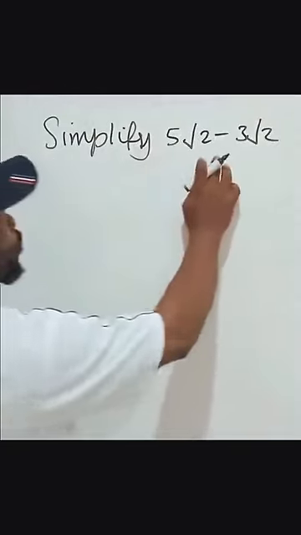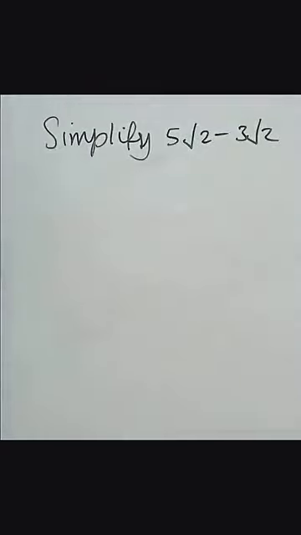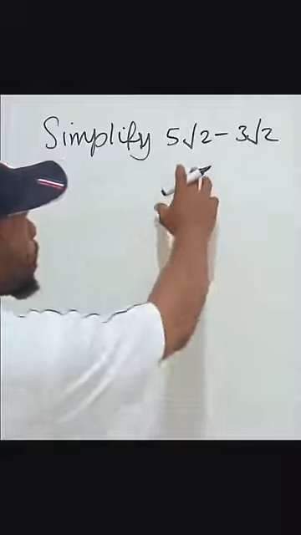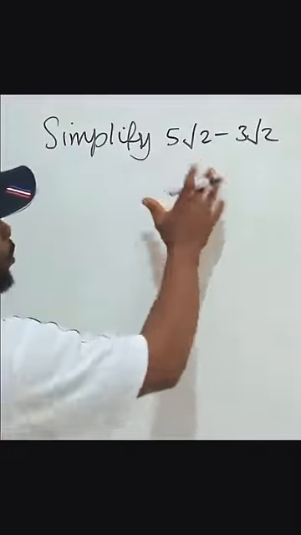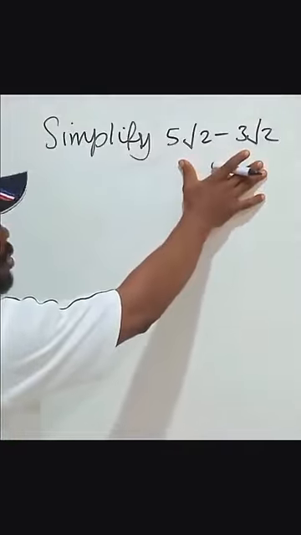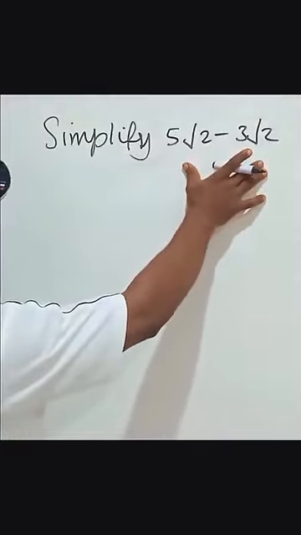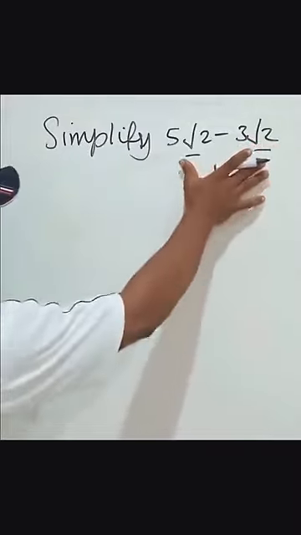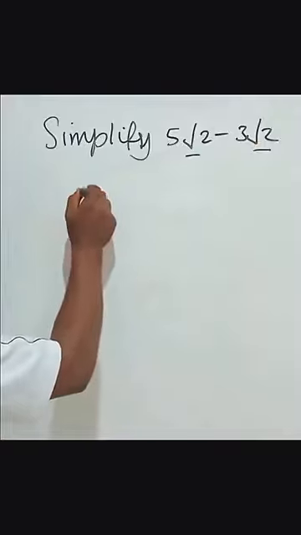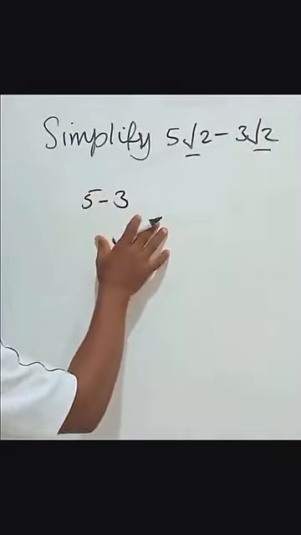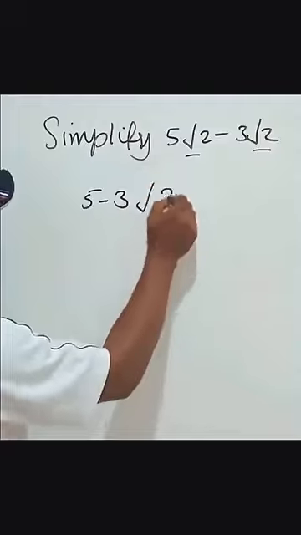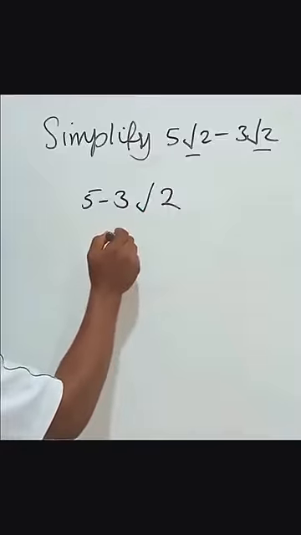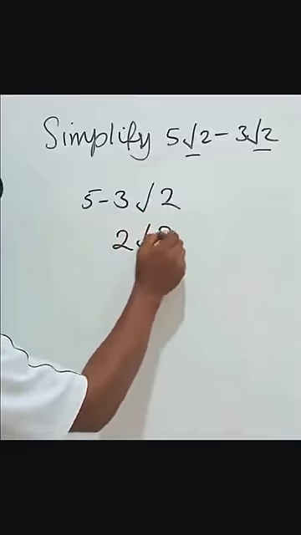Simplify 5 root 2 minus 3 root 2. The rule for addition of surds also applies here. It is possible for us to subtract these surds because they have a common root. And so this is the same thing as 5 minus 3 root 2, which is the same thing as 2 root 2.